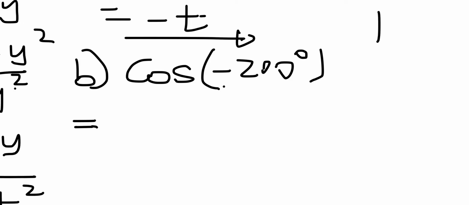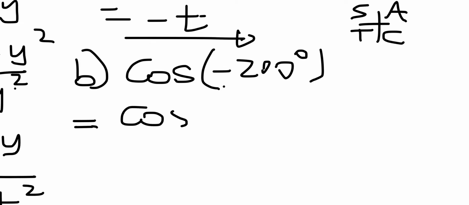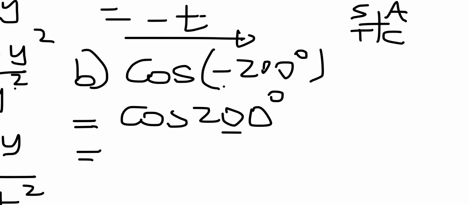In the fourth quadrant, yes, it is that cos which is positive. Therefore, this thing is the same as cos of 200 degrees. Then now, in which quadrant does 200 fall? Quadrant 3.